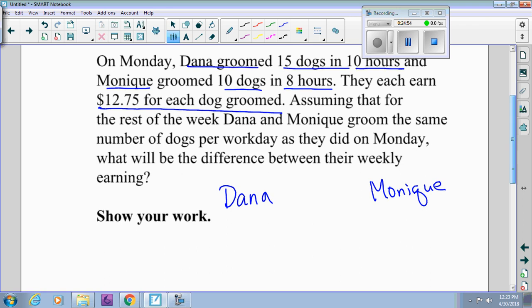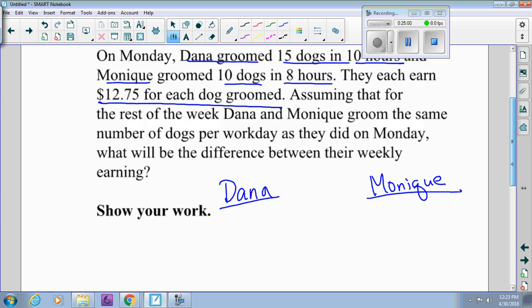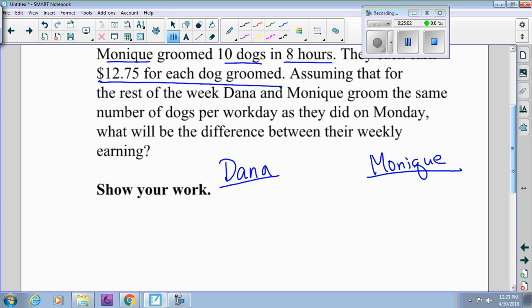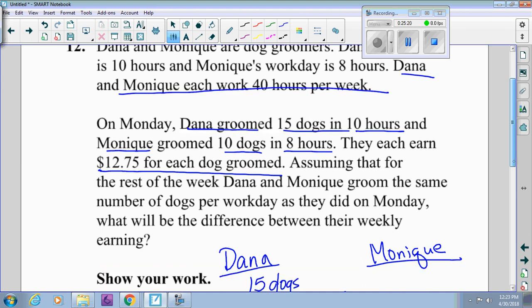So we first of all have to figure out how many dogs they were able to groom. Dana is grooming at a rate of 15 dogs in 10 hours. We want to figure out how many she's going to get done in the week, which is a 40-hour work week, which they told us up here. Dana and Monique each work 40 hours.